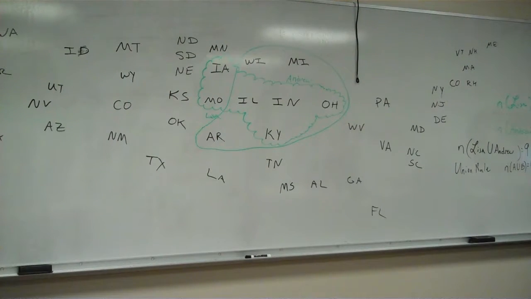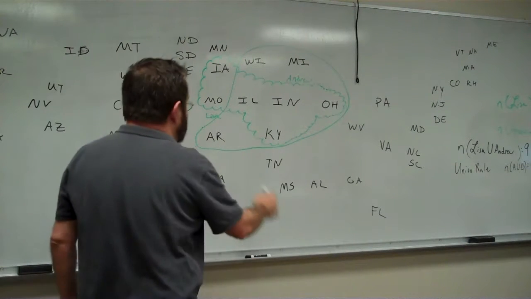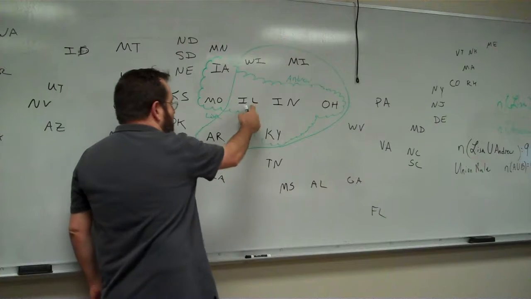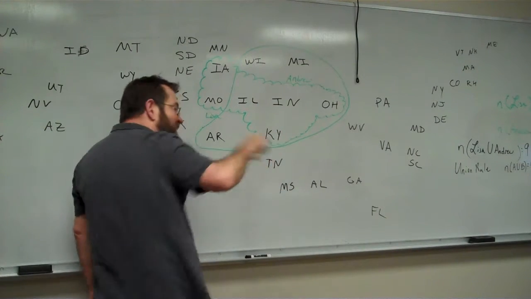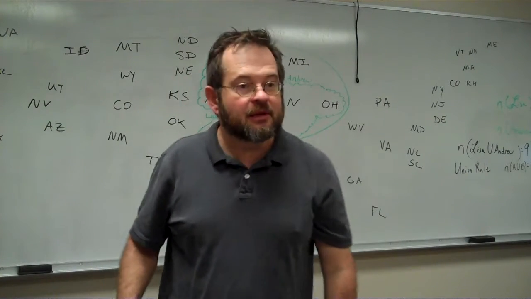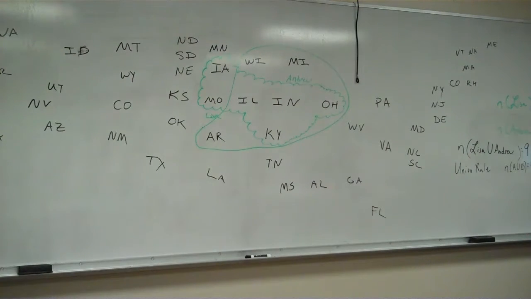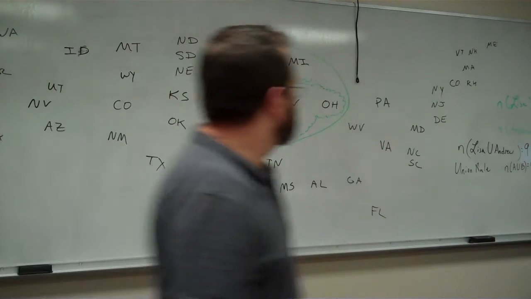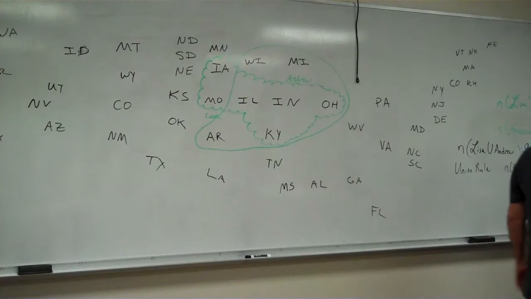So the union rule of cardinality tells us that the union of A and B is A plus B minus the part that's overlapping one time, because you've counted those twice. All right, 13 minus 4. It worked, right? Yeah. Okay.